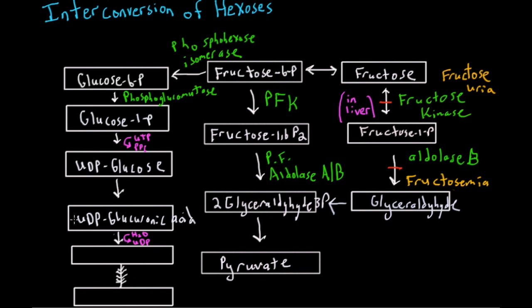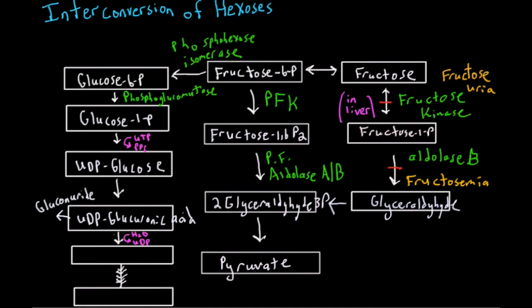And UDP glucuronic acid will bind to toxic elements in our body and form a glucuronide, which can be excreted. And this renders toxic elements in our body inert because we can just bind it and get rid of it rather than it building up and harming us in some way.